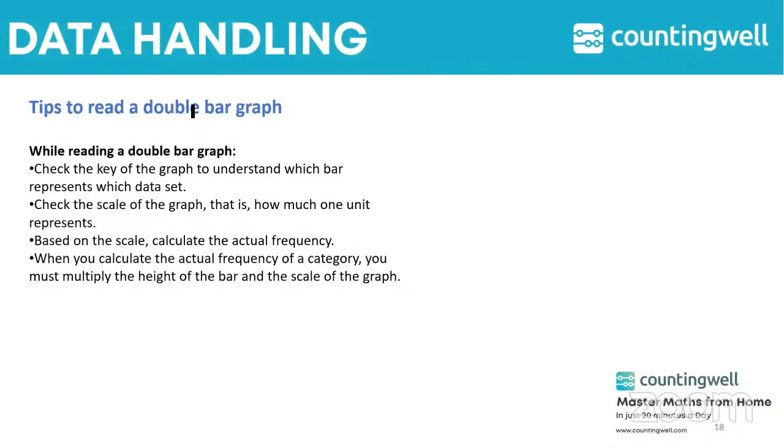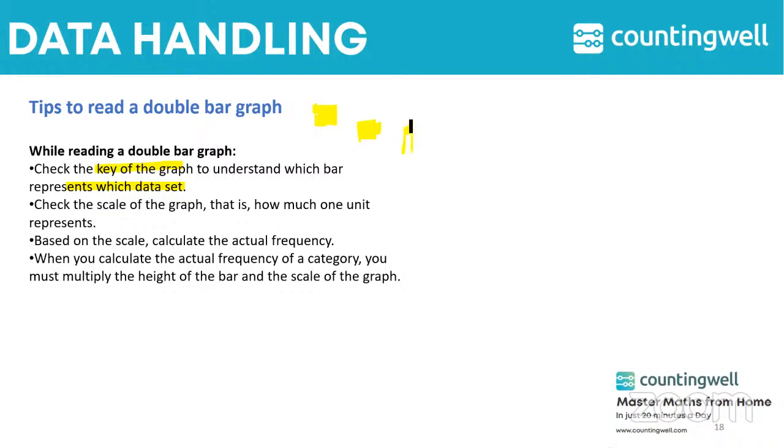Let us see tips for reading a double bar graph. So we have to check the key of the graph to understand which bar represents the data set. For example, we have seen the light color bar shows month of July and the dark color shows August. Correct?